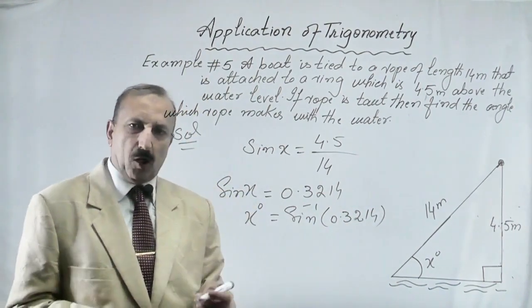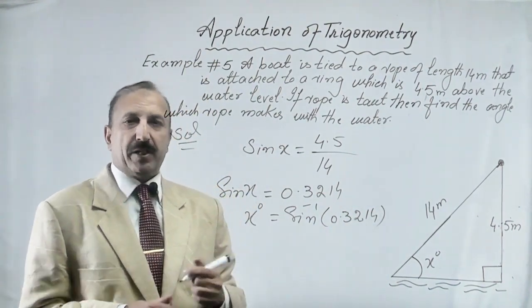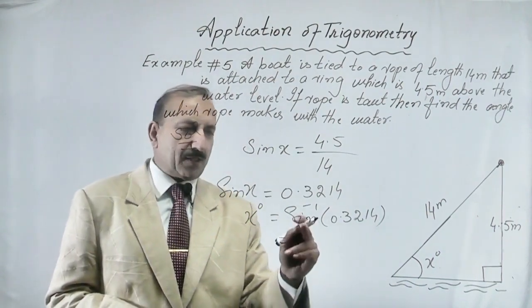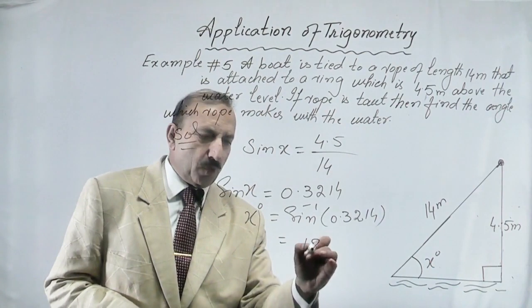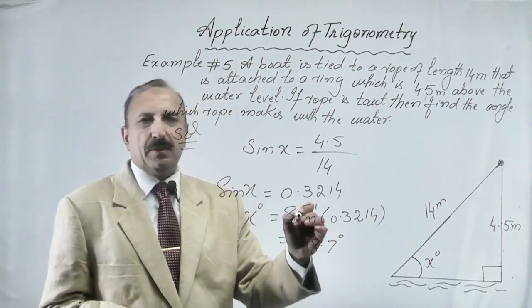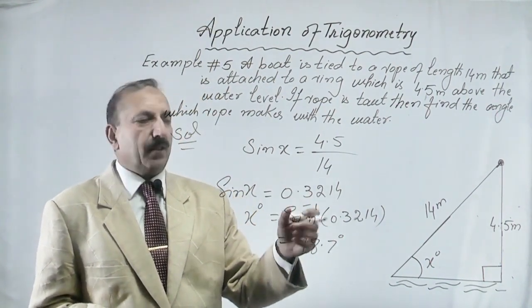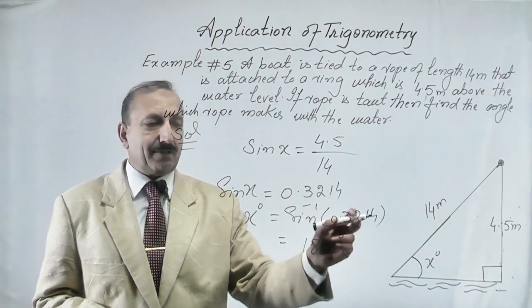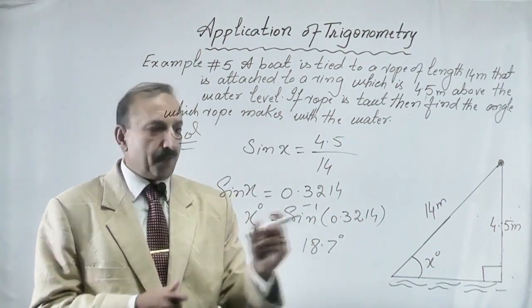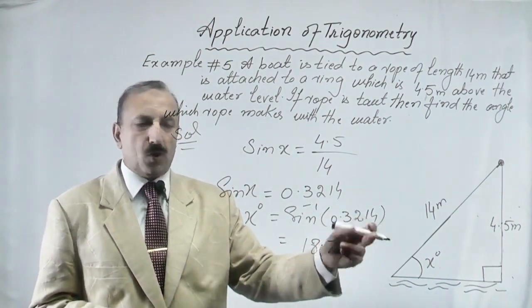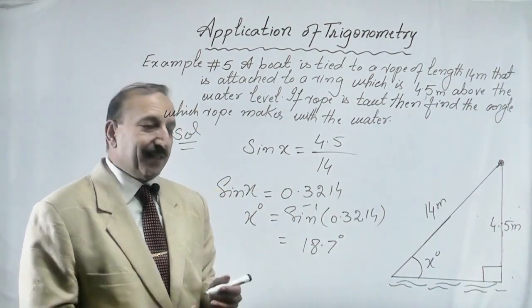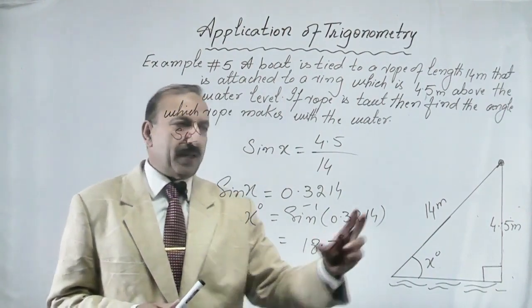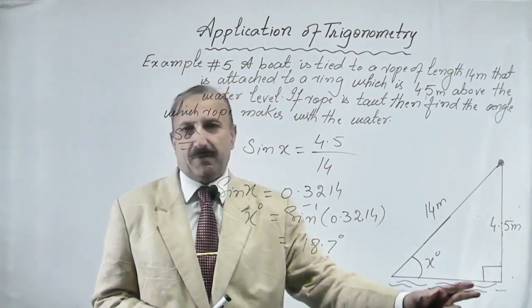And then again, now with the shift key we will operate the calculator to get this angle, sine inverse of this. This will give us 18.7 degree angle. When we operate the shift key, then write sine and it will show us sine inverse. Then we write 0.3214. When we enter it, we will get 18.7 degree angle. This is the angle made by this rope with the water level.